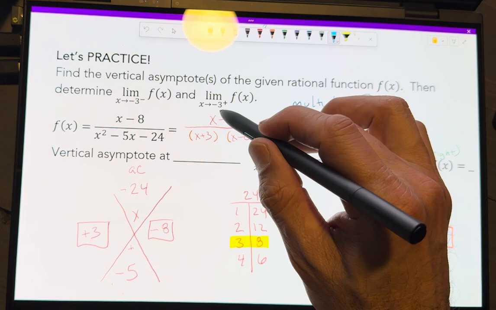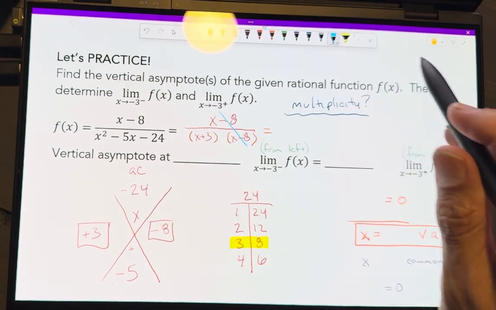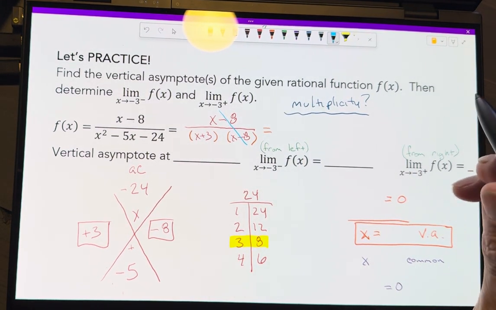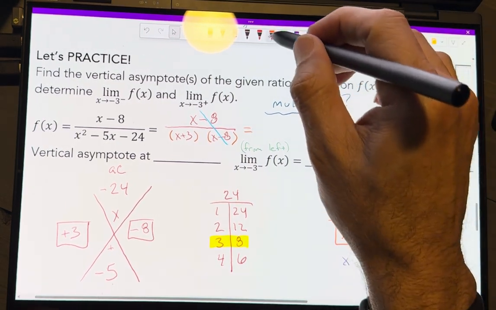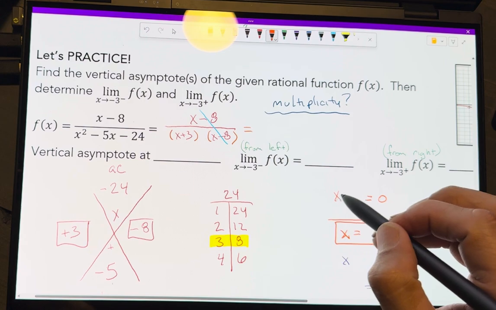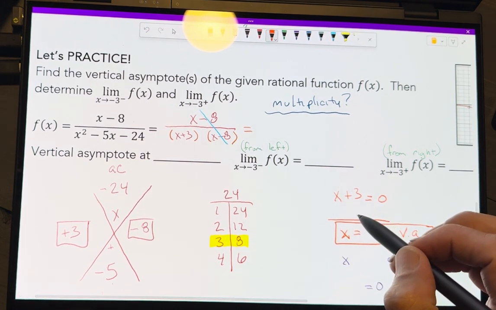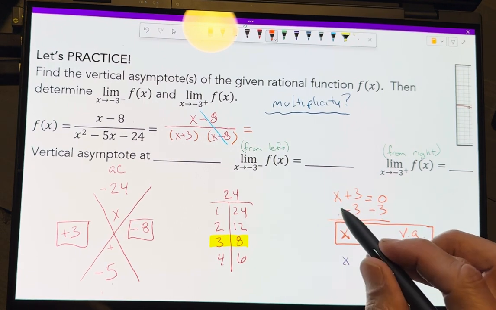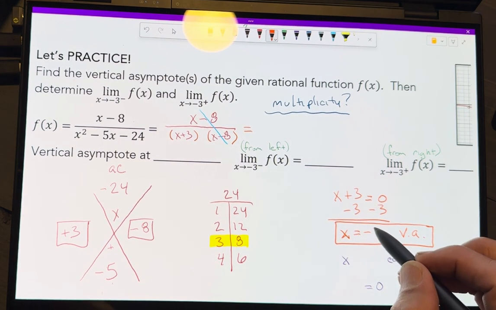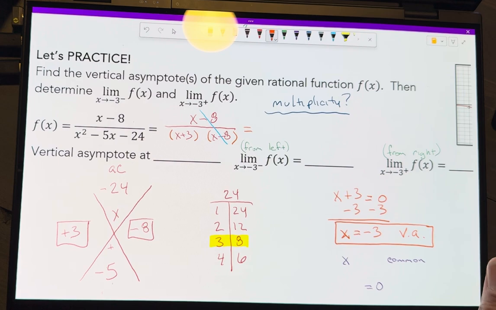You should know by now that these are common, so they cancel each other out, which leaves us with x plus 3 in the denominator. So let's solve for that. We know that x at -3 is a vertical asymptote.